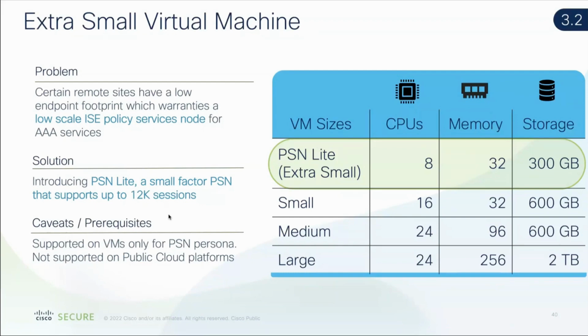The extra small virtual machine needs to have 8 CPUs, 32 GB RAM, and 300 GB. And it should be deployed as a PSN form factor only, and it is available in the VM mode at this point of time, but not available in the physical form factor. It is not available in the cloud form factor as well.